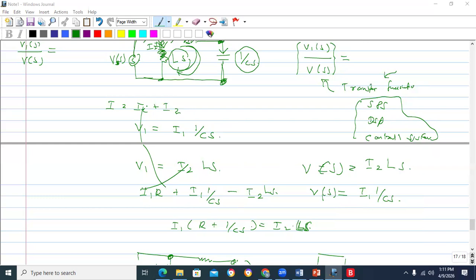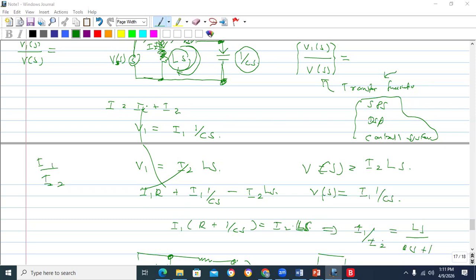Okay. So here you can find I1 divided by I2. Using this one, you can find I1 divided by I2, that is LS divided by RCS plus 1.